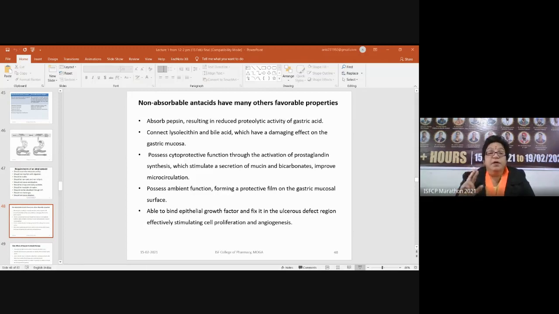All these are the side effects of the long-term antacid therapy. Number 2, antacids which absorb systemically exert alkaline effect on the body's buffer system. बहुत ज्यादा देर तक अगर लेते रहेंगे और अगर सिस्टेमिकली इफेक्ट कर रहा है तो अल्टीमेटली जो बॉडी का नॉर्मल बफर सिस्टम है उस पर इफेक्ट आएगा ही आएगा कि more and more of the alkali will be released and the body's buffer system will be affected.